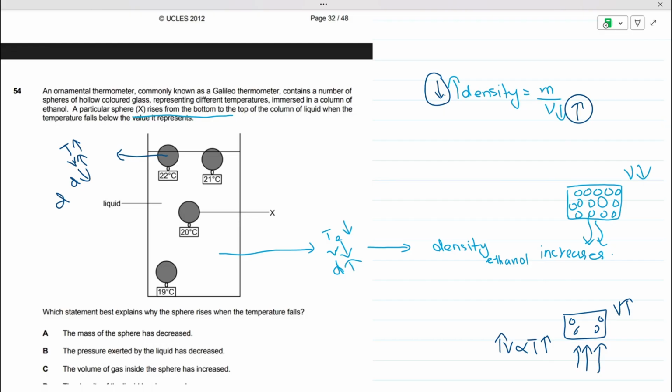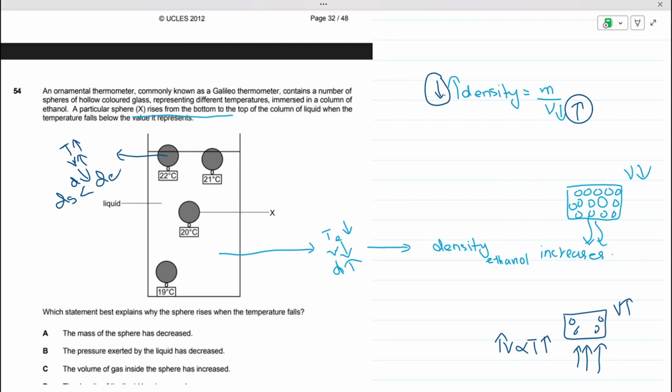I can draw the conclusion that the density of this sphere is less than the density of the ethanol. This is why this sphere has risen from bottom to top. So this is mainly the reason for the rising of spheres, because the temperature falls.